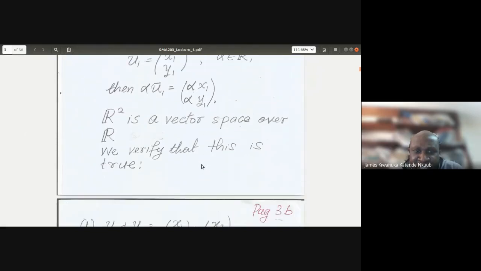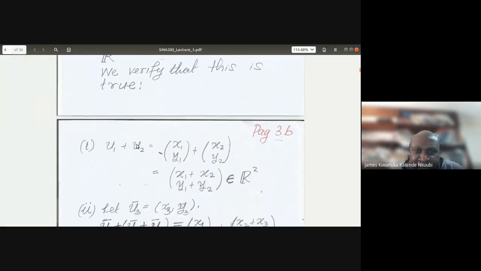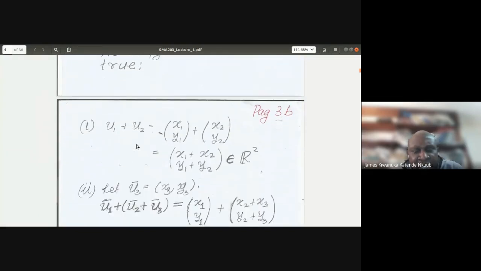So we'll verify that R2, the set of all ordered pairs of real numbers, is a vector space over R. It's also possible to have vector spaces over other fields, but for now, we shall focus on vector spaces over the real numbers.